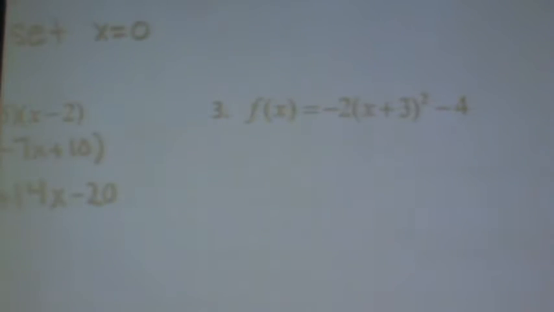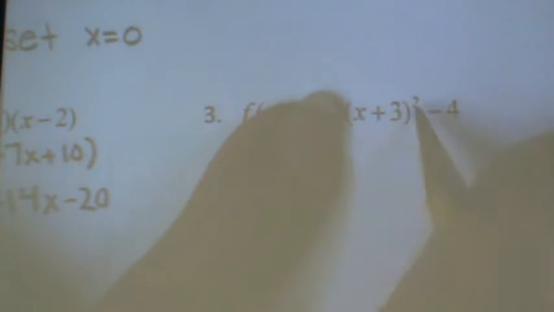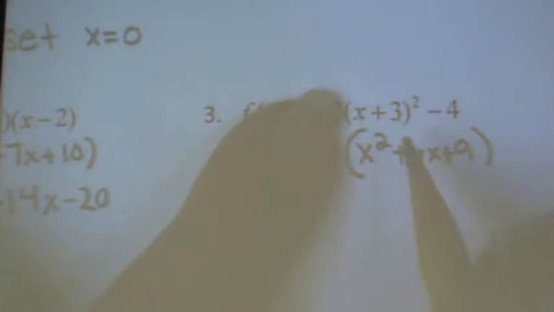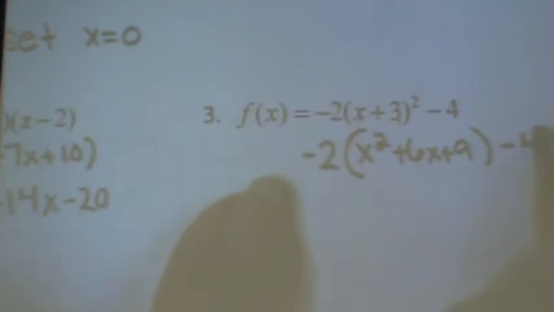And number 3, this is in transformation form. To convert this to polynomial form, you're going to square x plus 3. You get x squared plus 6x plus 9. And that's the short way. You square the first term, multiply these two times 2, you get 6x, and square the last term. Now what you'll do is multiply this trinomial by -2.